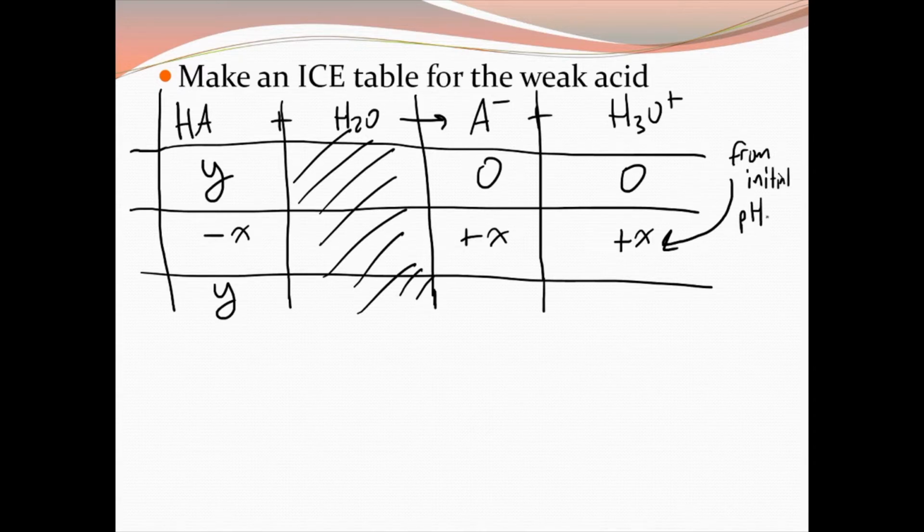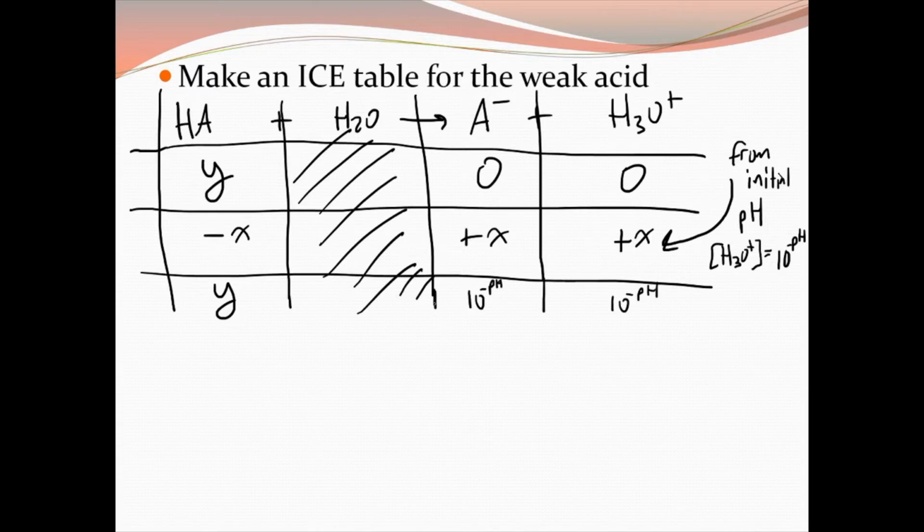The problem will usually tell you what the initial pH of the weak acid is. Because of that, we know that the concentration of hydronium is equal to 10 to the negative pH.